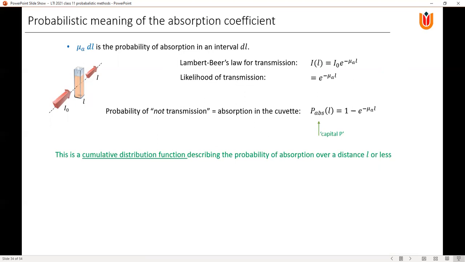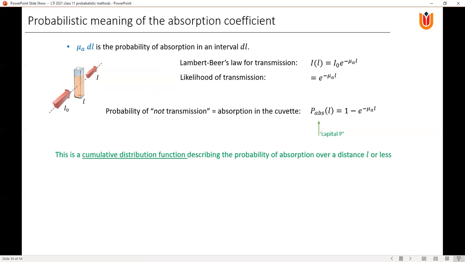We saw that a little bit earlier. So that is the probability of absorption. In terms of transmission or absorption, it is the probability of absorption over the distance of L or less. So the probability that it is absorbed up until distance L. If L is infinite, then the probability of absorption is 1.